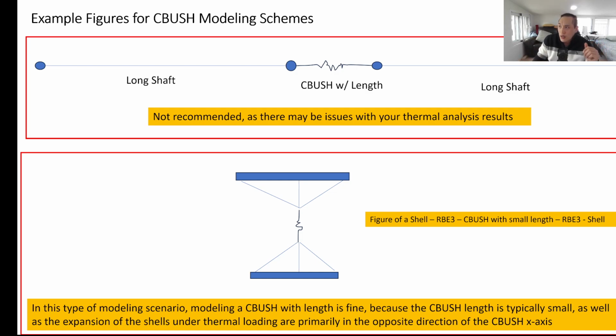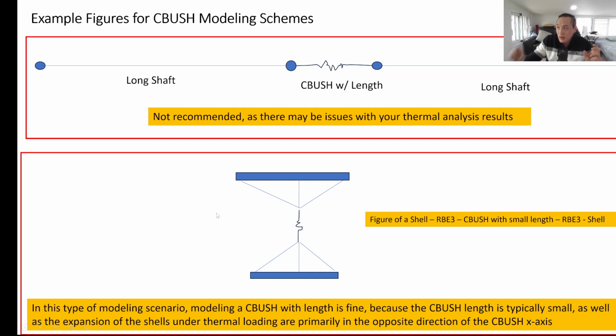So therefore, even if you did have a CBUSH with some length associated with it, the thermal soak analysis won't be erroneously negatively impacted, just because of the fact that the CBUSHes are modeled perpendicular to the shells. So in this example, typically it is okay to model CBUSHes with length.